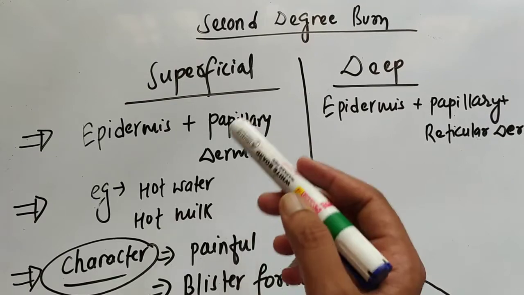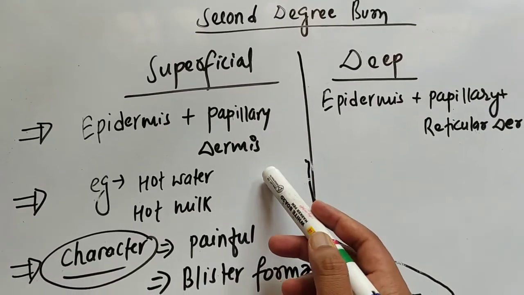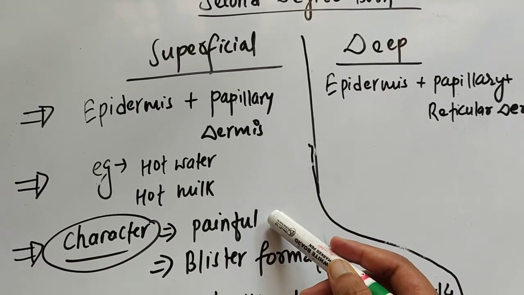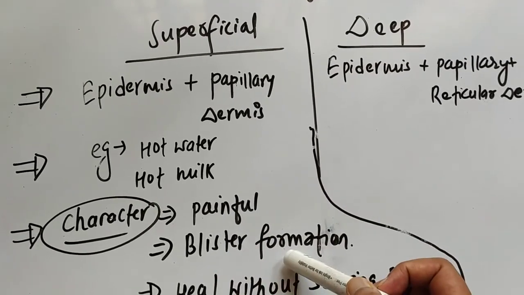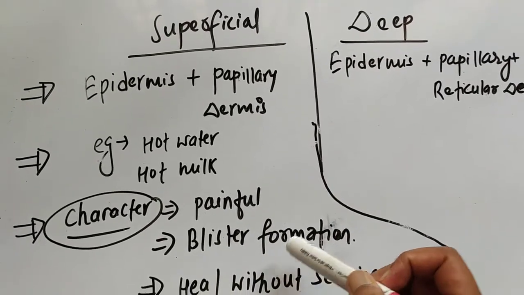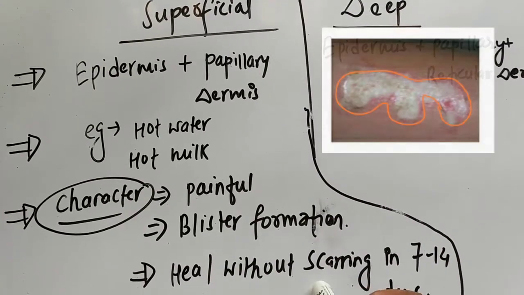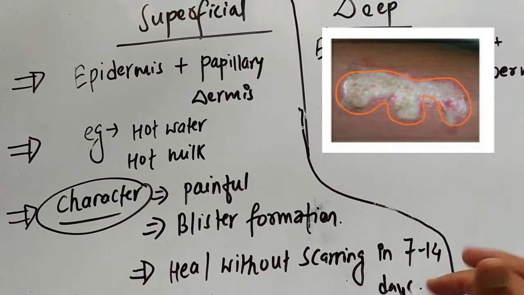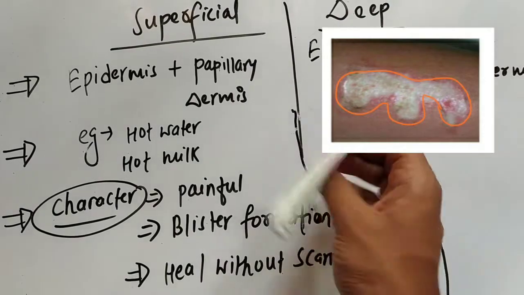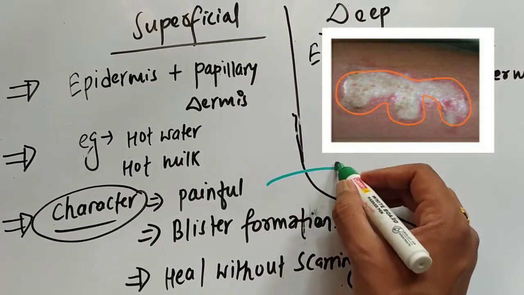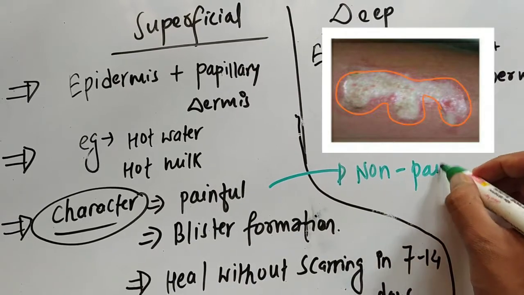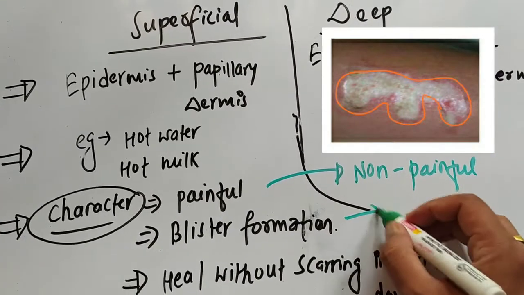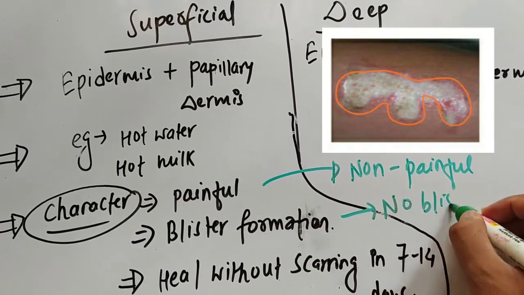In the superficial second degree burn, they are painful, as the nerves and blood vessels are preserved, and blister formation usually occurs, and this heals without scarring in 7 to 14 days. While seeing the difference between the superficial and deep, the deep are non-painful, and there is no blister formation.